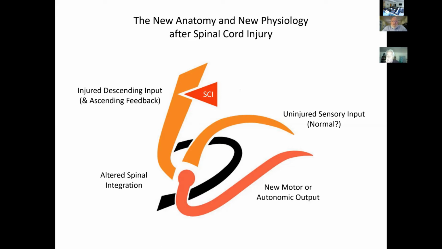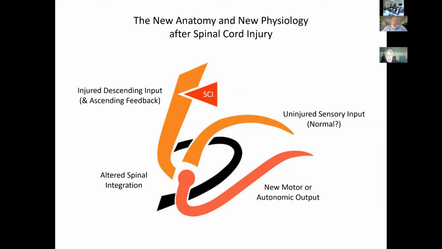Of course, the big question is what happens in this circuitry after part of it is changed. In stroke, we use the term diaschisis to talk about changes in uninjured parts of the neural circuitry affected by a remote stroke. And we can think about that a little bit here insofar as the sensory input to the spinal cord below the level of lesion is essentially uninjured. But the big question is, is it in fact really normal?